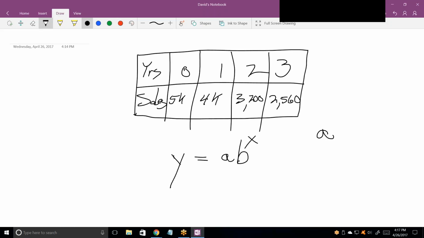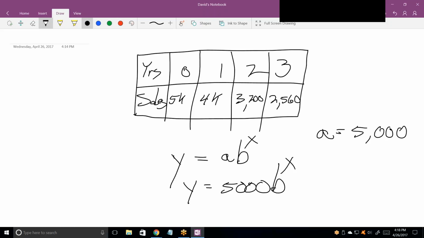So a is 5,000, and now once we have a, we've got y equals 5,000 times some b to the x. Pick another value for x, nice and easy, like 1. We know that y needs to be 4,000, so we get 4,000 whenever x is 1.